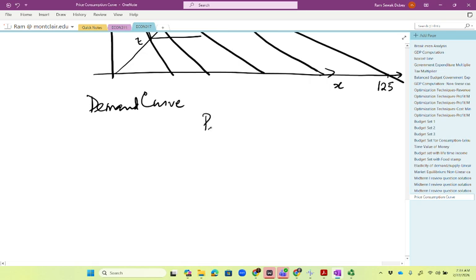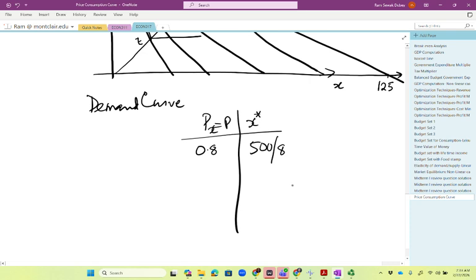So let's have P of X, which I'll call P as before, and then the quantity of good X chosen by the consumer. This is from the previous table, but I will write it once more because this is the information I am going to plot. When the price of good X is 0.8, the quantity chosen is 500 over 8.